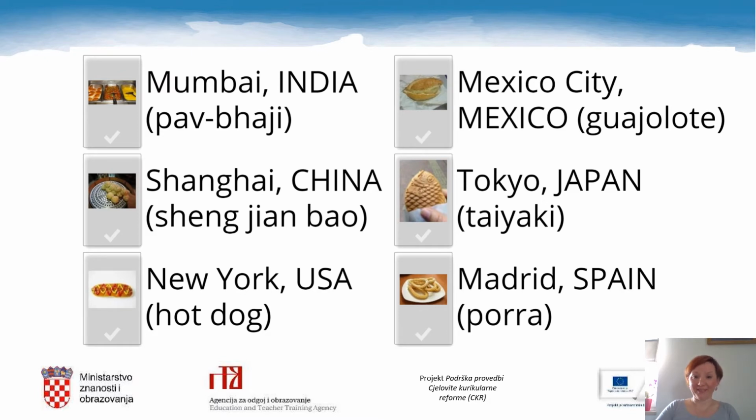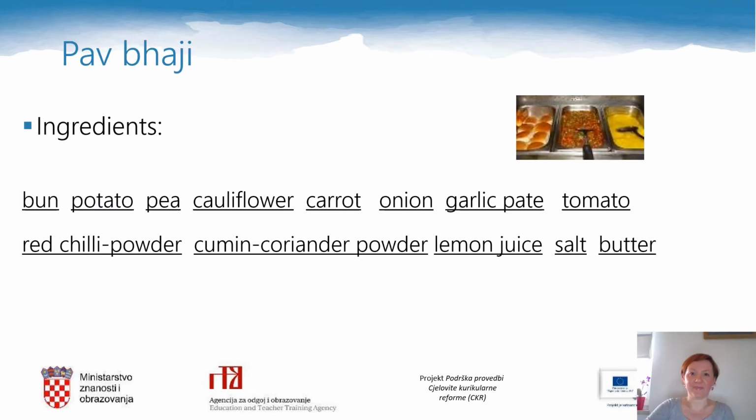Pav Bhaji is from India. Bao is from China. Hot dog from the USA. Guajolote from Mexico. Taiyaki from Japan. And porra from Spain. Here are the ingredients for the Indian dish Pav Bhaji.